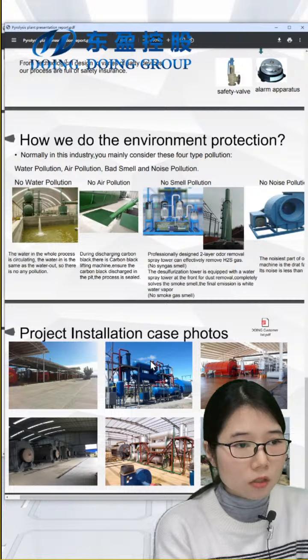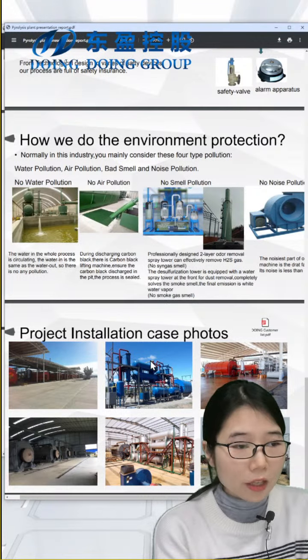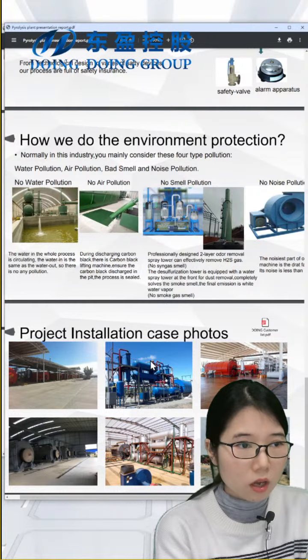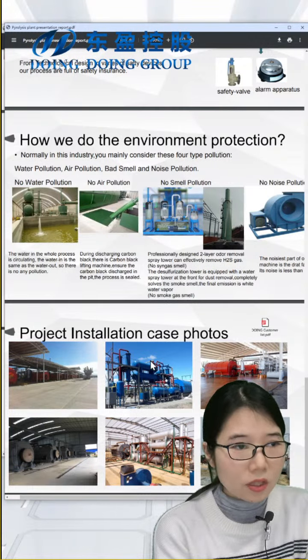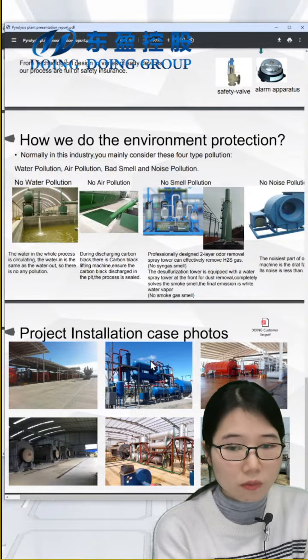And some customers think there may be a bad smell from the plant. Actually, it does have a bad smell, but to solve this problem, our engineer has designed a device which can control the bad smell, and we have got the patent for this device.